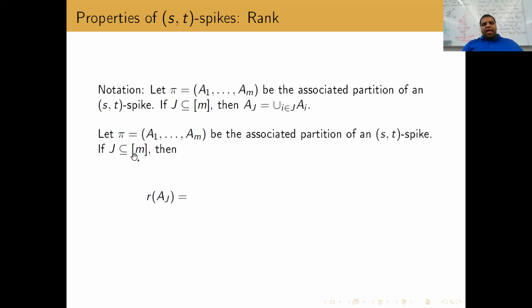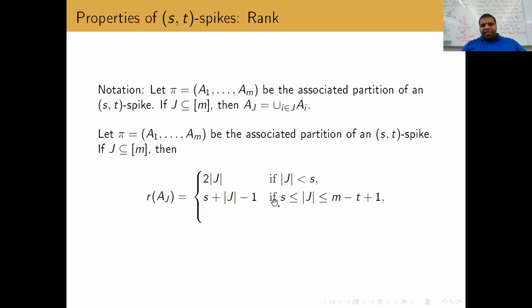So if I've got that, then the rank of this union of pairs, well, of course, if the size of J is less than S, then it's properly contained in a 2S element circuit. So it's just going to be an independent set. So 2 times the size of J. We have J pairs, and so 2 times the size of J total elements.